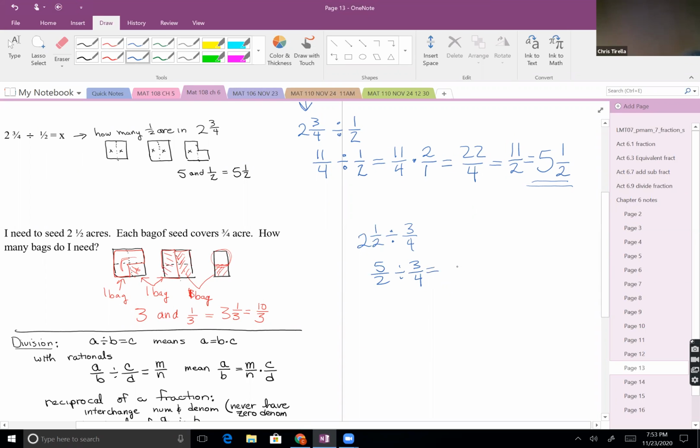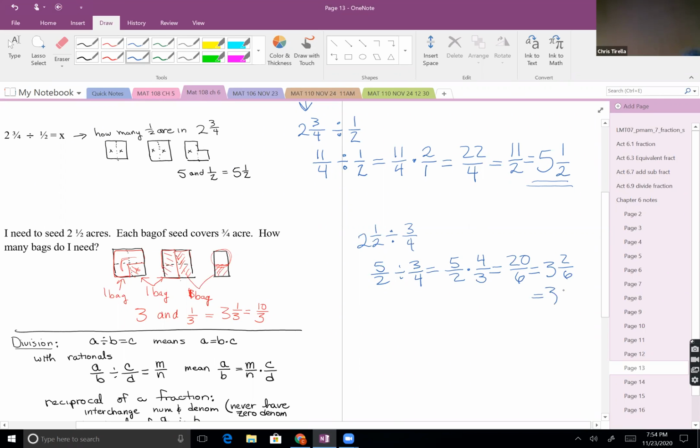And then to divide, we'll multiply by the reciprocal, which would give me 20/6. 6 goes into 20 3 times with a remainder of 2.